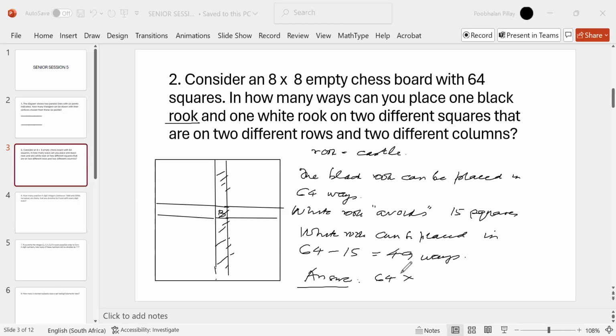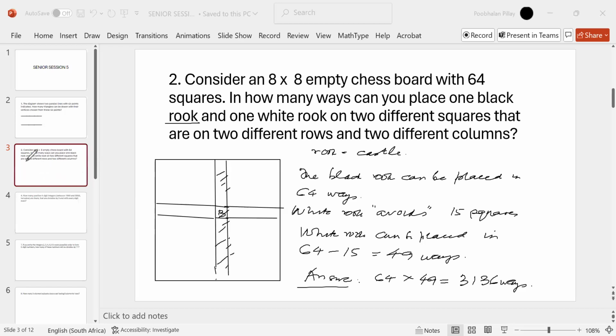So if you want to place the two rooks together, it's 64 times 49, and that turns out to be 3,136, which you can do by long multiplication. Not allowed to use the calculators. Okay, so that takes care of the second problem.